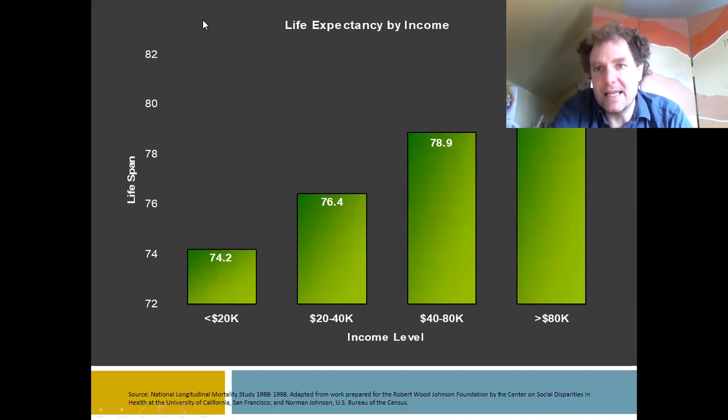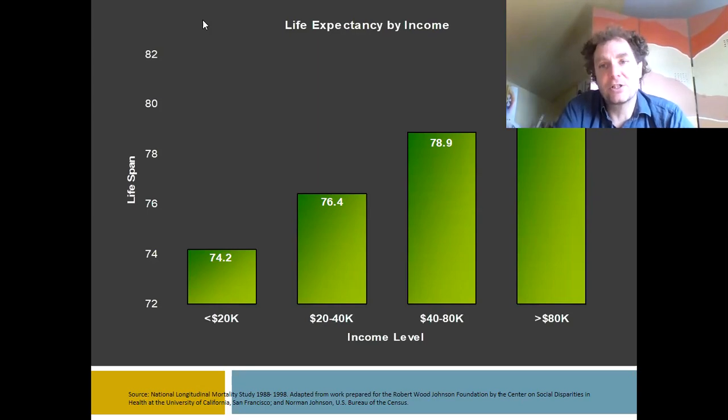And so what we see in this graph is that essentially people with more money will live longer lives. And there's a fair degree of effect here, that somebody who earns over $80,000 a year can expect to live 6 more years of life than somebody who earns less than $20,000 a year.